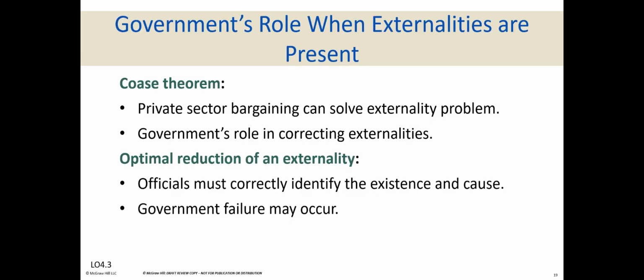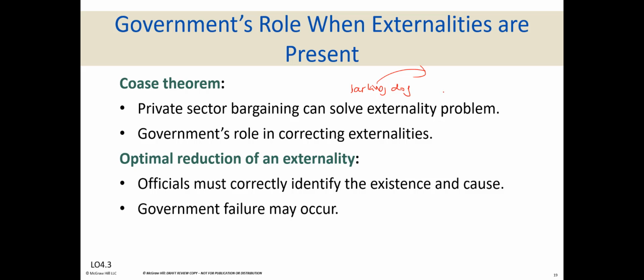There is the Coase theorem, which says that private sector bargaining can solve the externality problem. And this actually doesn't need the government's role in correcting externalities. So what happens here is that, let's say your neighbor has a barking dog and you cannot sleep because of the barking at night. How can you solve this externality problem, which is an external cost to you and to your health?